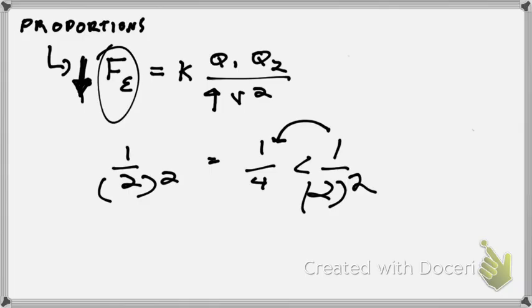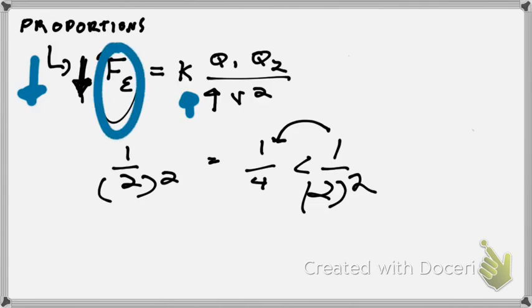So what we did here is we increased the denominator exponentially, and that resulted in an exponential decrease in the force. And that is a proportion, a relationship, that the MCAT tests frequently, okay?